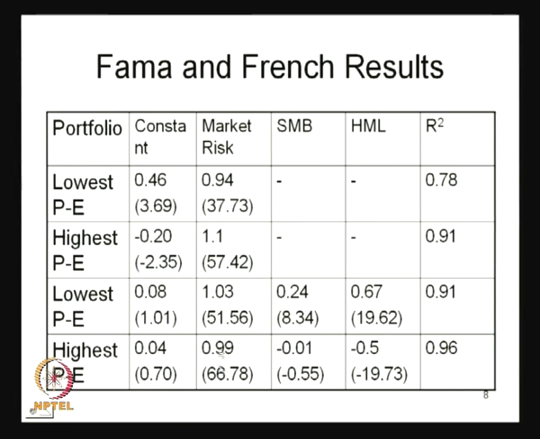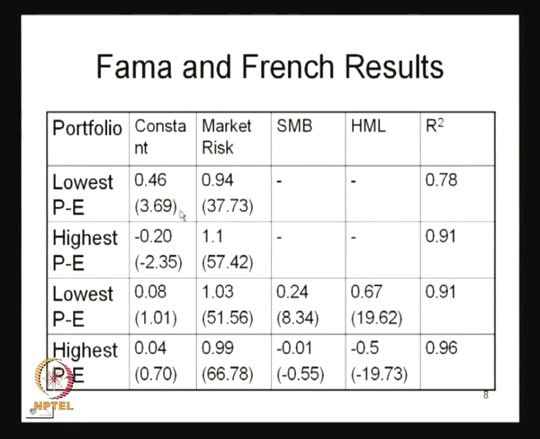And if you see the beta values for the lowest P by E ratio companies, it has gone up from 0.94 to 1.03, and for the highest P by E ratio it has gone down from 1.1 to 0.99. And here in the lowest P by E case the size of the company will have a positive impact, then the HML will have a positive impact, but in the other case both the variables have a negative impact.